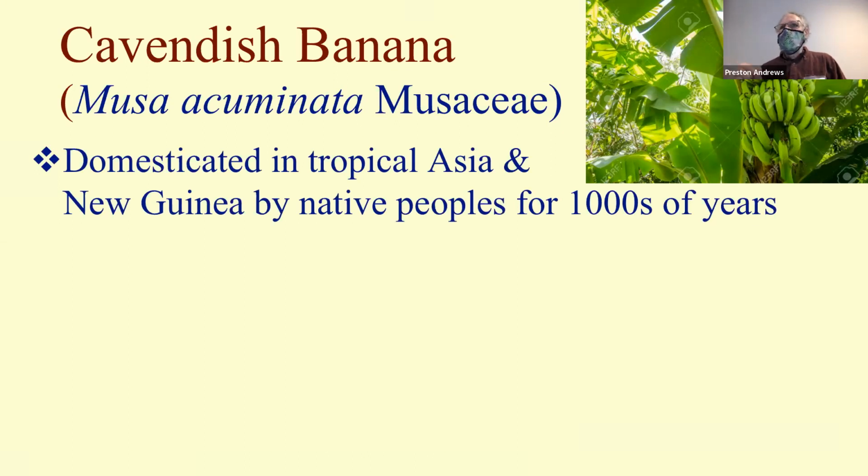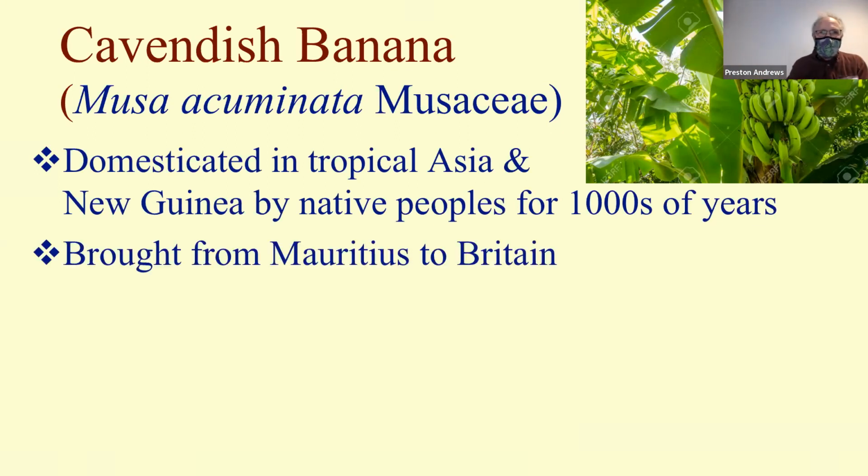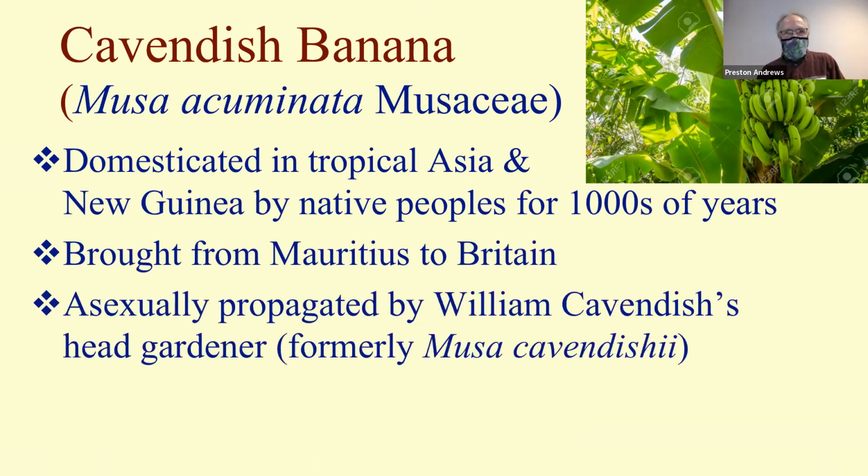So this is just the distribution of native plants all over the world for economic purposes. It was brought to Britain from Mauritius in the Indian Ocean, and it was asexually propagated by William Cavendish, head gardener, and formerly it was named after Cavendish, but we took that name away from him.